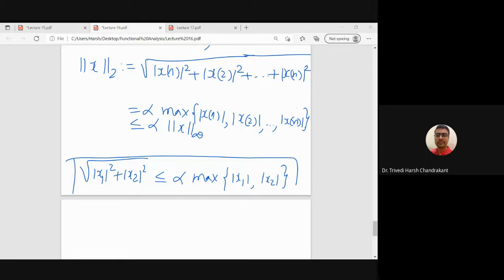Yeah, Anurag, any idea about this? What will be the value of alpha? Anurag? Yes, sir. If we want to find alpha such that the square root of mod x1 square plus mod x2 square is less than or equal to alpha times the maximum of mod x1, mod x2, then what will be the choice of alpha?